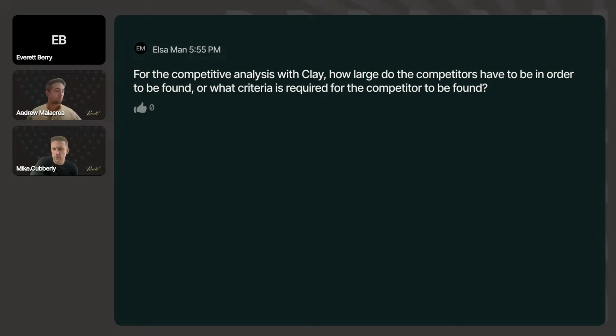And then Elsa did mention, yes, trying to find what competitive tech or prospects are using. For example, for a competitive takedown campaign. Yeah, I think a similar idea with the previous question about private versus public. The bigger the company, the more information is going to be there. HG Insights definitely excels in more of the mid-market to enterprise space.